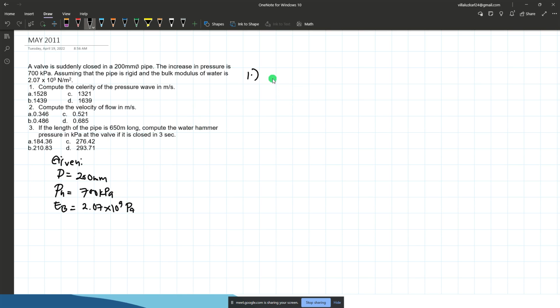So for number one, it is said here that it is a rigid pipe. So the applicable solution for the celerity is the square root of EB over rho.